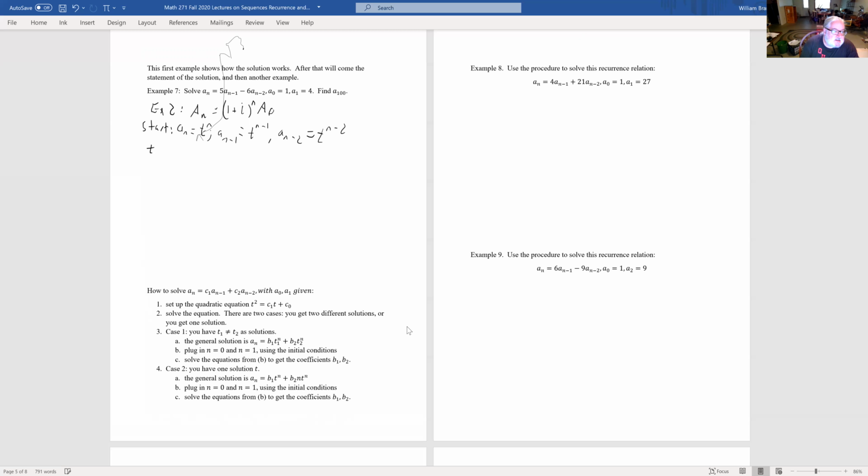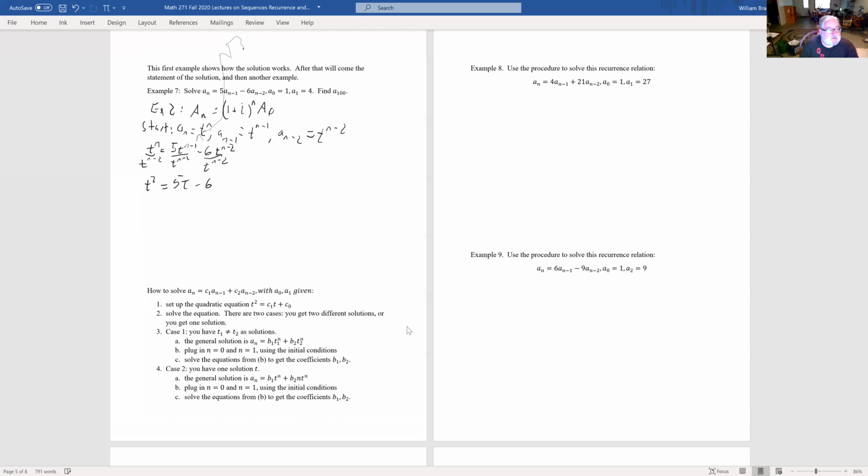I get t to the n equals 5 t to the n minus 1 minus 6 t to the n minus 2. Then we can simplify that by dividing by t to the n minus 2 all the way through. t to the n over t to the n minus 2 is t squared. t to the n minus 1 over t to the n minus 2 is t.